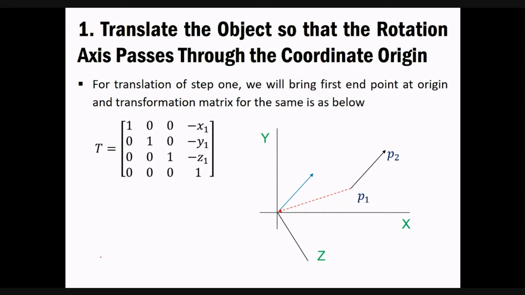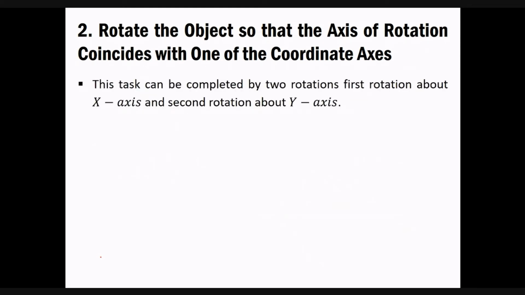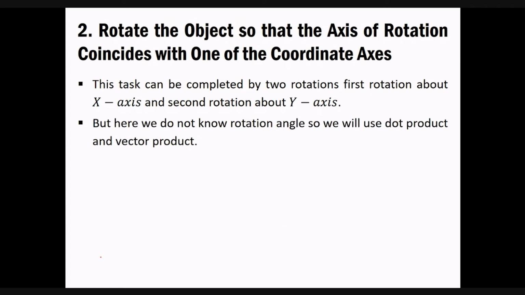Now at step 2, rotate the object so that the axis of rotation coincides with one of the coordinate axes. This task can be completed by two rotations, first rotation about the x-axis and another rotation about the y-axis.